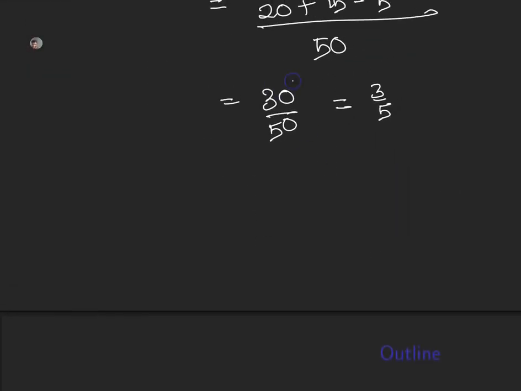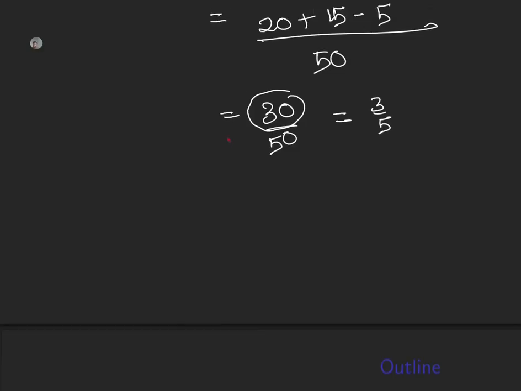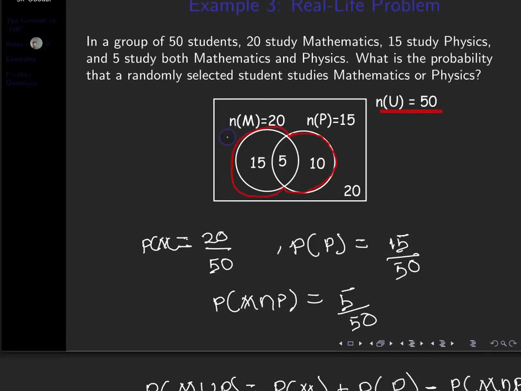We straight away get 30 over 50. So there are so many ways of solving, but make sure you know what you are doing. If it's either mutually exclusive or not, you should know. And most of the time, if it's a Venn diagram problem, you can choose to draw a Venn diagram, if you are good at it. And then identify the portion that is favorable to your question, and then you solve.